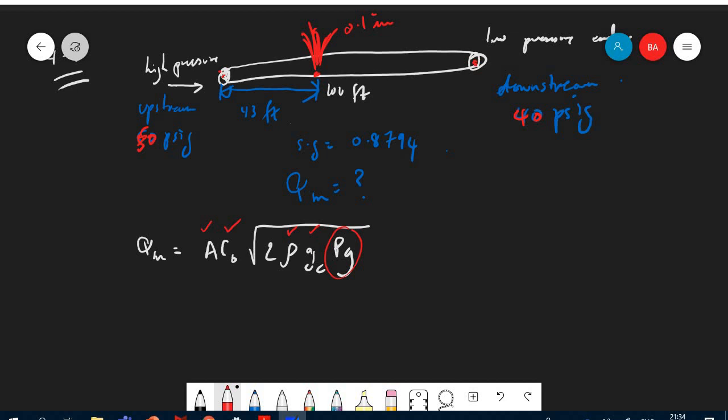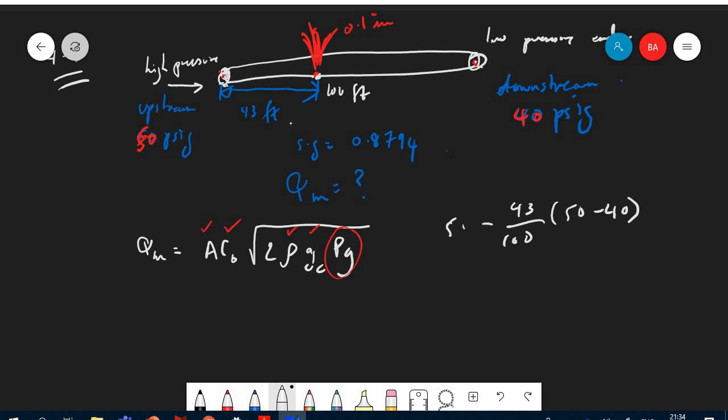Through simple math, 43 over 100, taking just a ratio, multiplied by 50 minus 40, gives the place where the leak is happening.